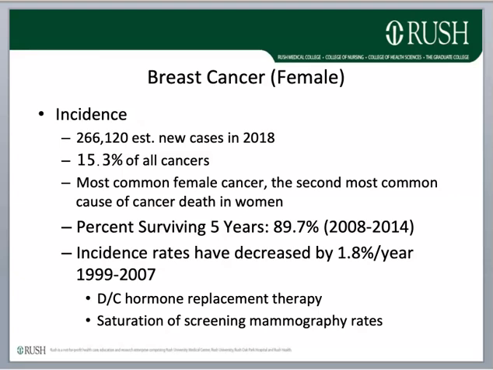The incidence rates decreased from 1999 to 2007 by about 1.8% per year. It's likely that two factors have contributed to this decline: the discontinuation of hormone replacement therapy and the saturation or leveling off of screening mammography rates. It's interesting that of these factors, discontinuation of hormone replacement therapy has been shown to have a greater effect.